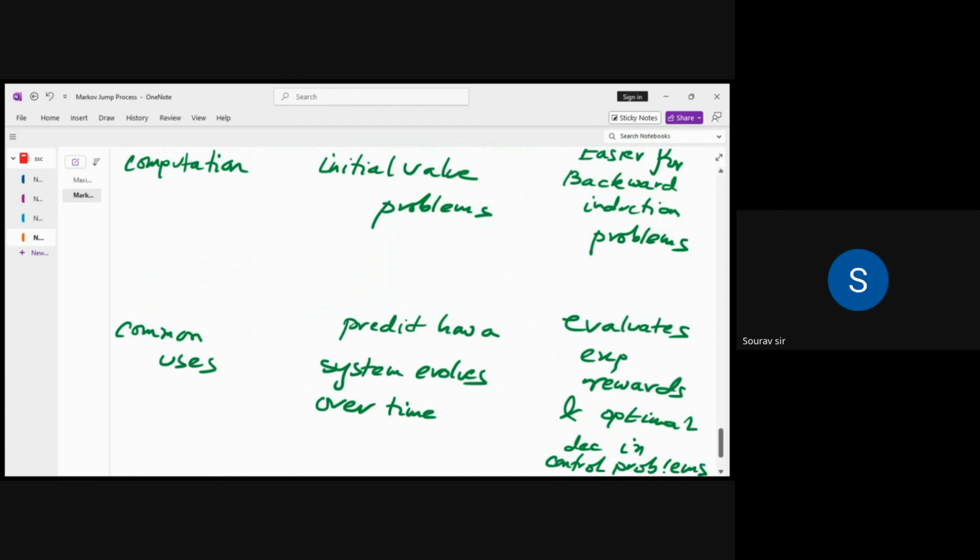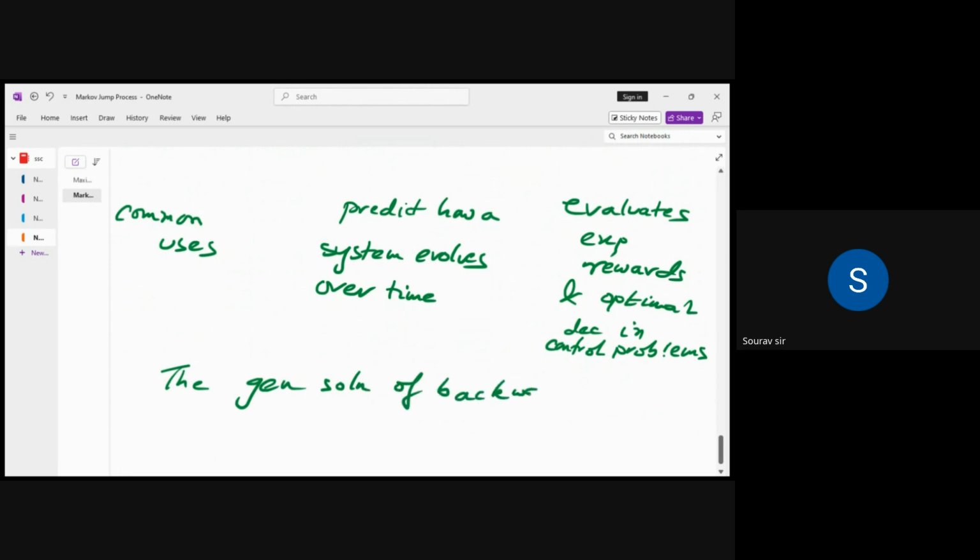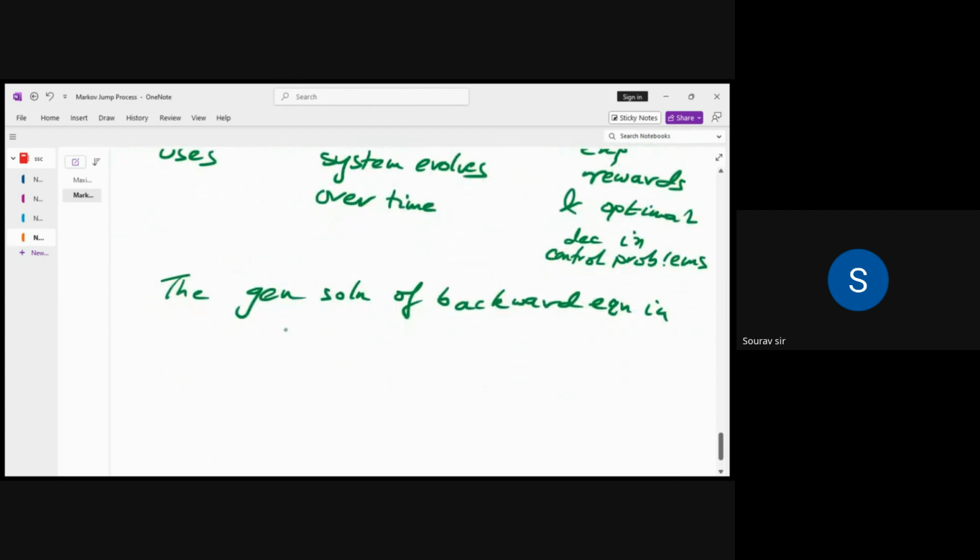And how do we solve this Kolmogorov backward equation? The general solution of the backward equation follows an exponential matrix: P(t) equals e to the power At.